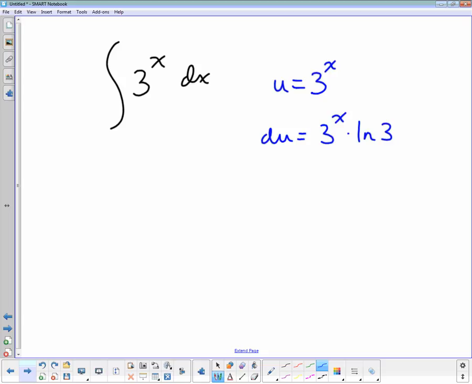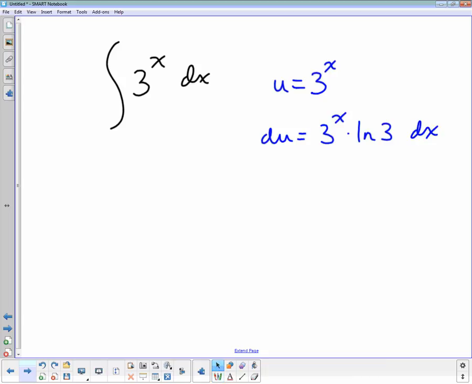If that was x squared, then I would have to put a 2x there. It's the chain rule. You're always taking the derivative of the outer wrapper, which is 3 to the something, and then the inner wrapper, which is f of x, whatever that guy is. So, dx.